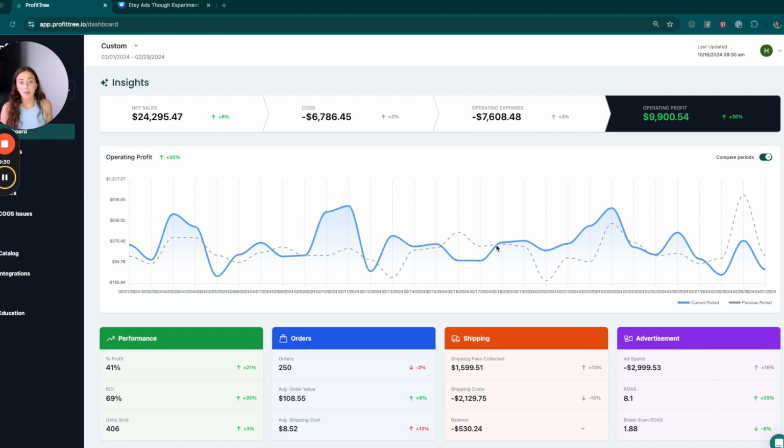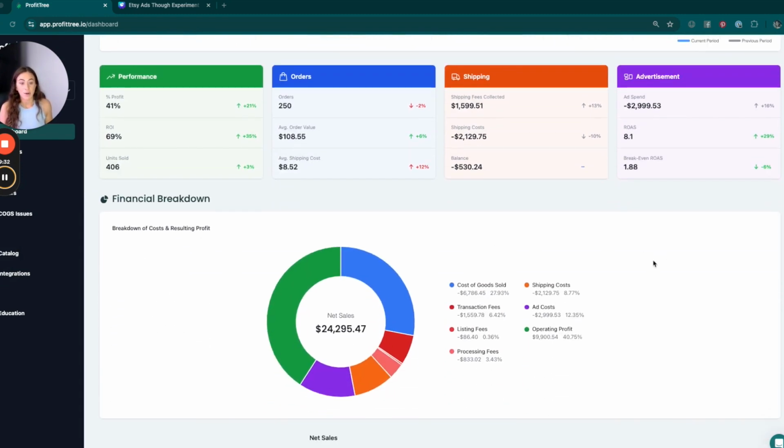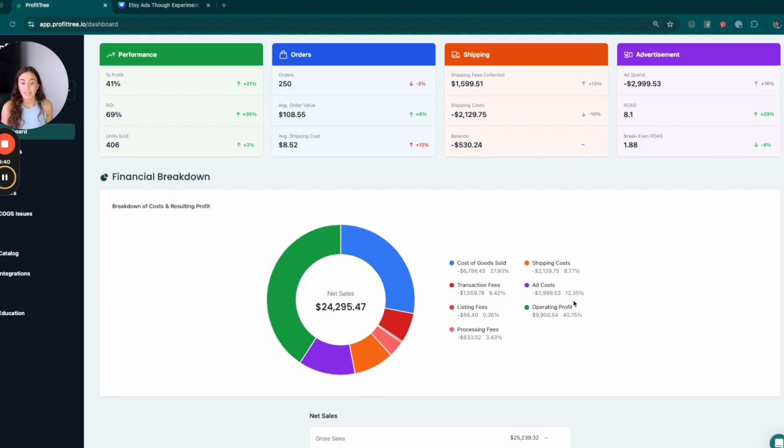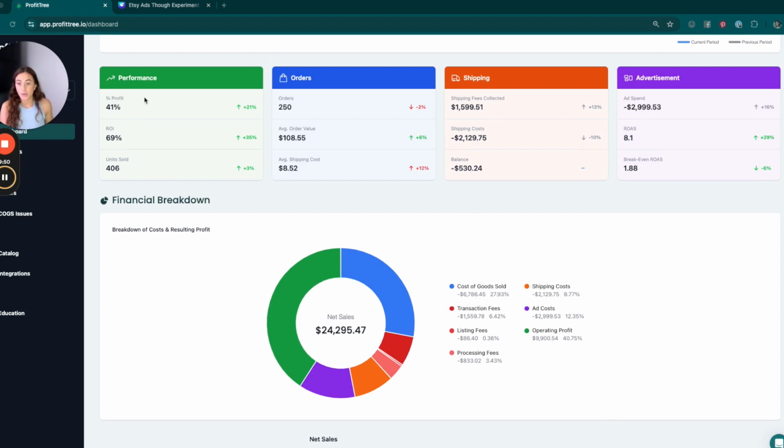So inside of your Profitry account, we are giving you something called your ad cost percentage. What you want to do as an Etsy seller is, as you scale your ads to the max of $1,000 a day, even though it's not going to spend $1,000 a day, your goal is to optimize this spend and decrease this percentage so you can increase your profit margin percentage.